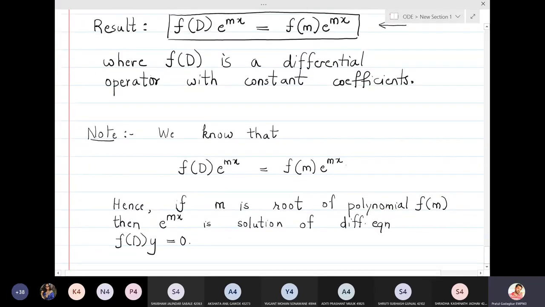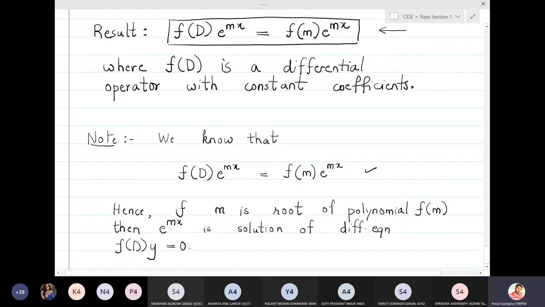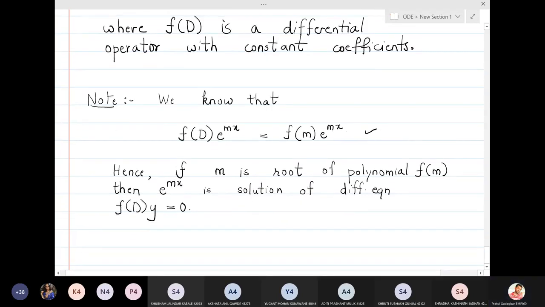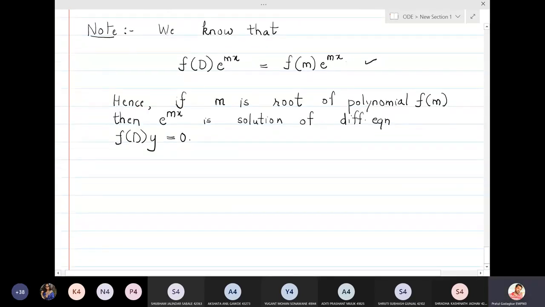So this result we have just observed in the previous class, which is mentioned above. Now let us try to understand this particular note. So we will take one small example. Now I will consider a differential equation.